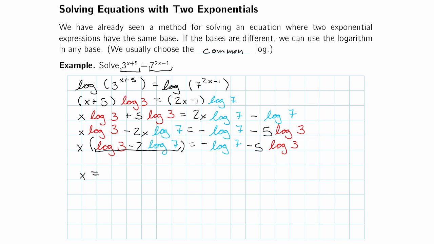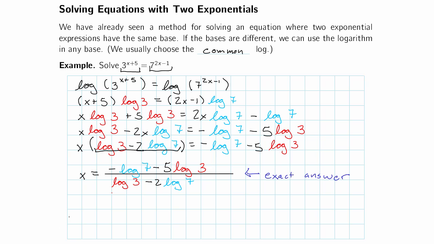We have x equals negative log 7 minus 5 log 3, divided by this expression on the left, log 3 minus 2 log 7. If we want to leave an exact answer, this is what we say.